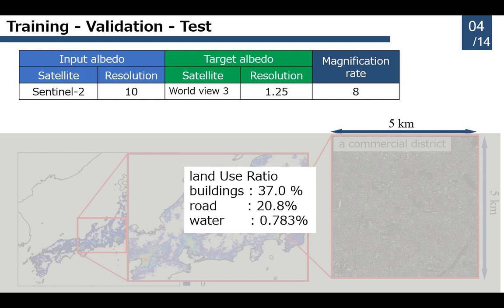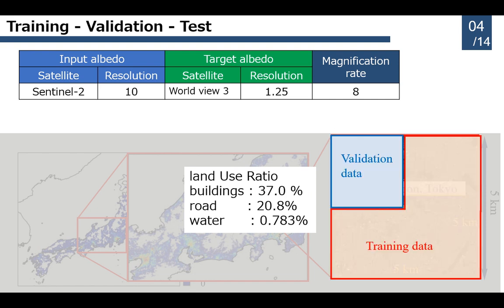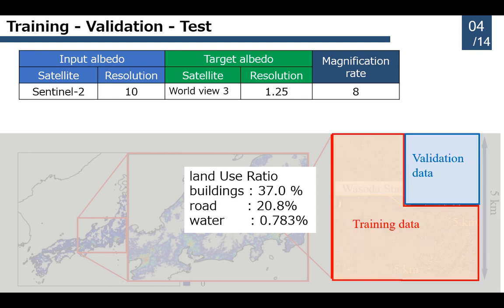And we applied the cross-validation technique to validate our model, in which the target area is divided into 4 regions of equal size, and one of them is used for validation and the others for training. So the cross-validation was applied 4 times by shuffling the training and validation data like this.